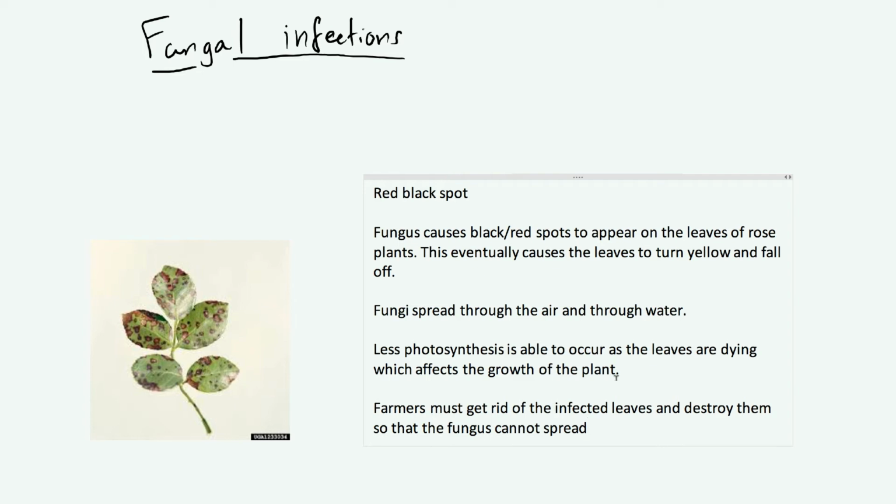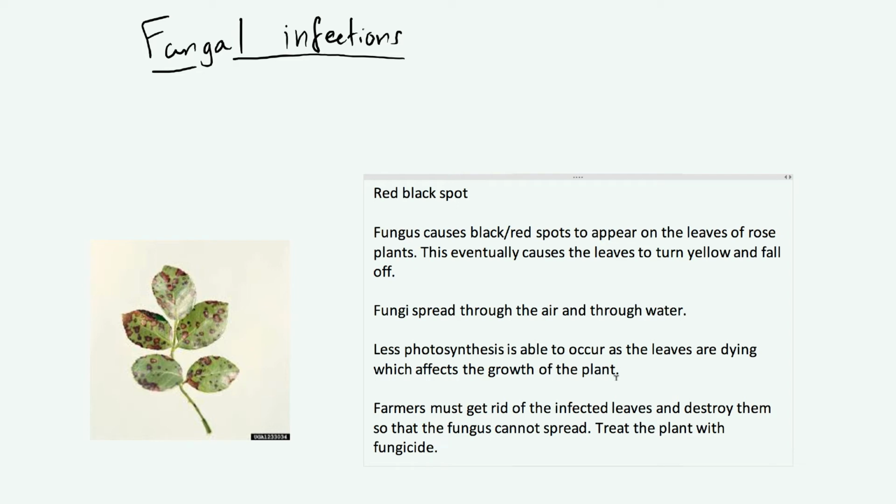They'd also treat the plants with fungicide. And fungicide is basically a chemical which is designed to kill fungus, and that will stop the fungus from reinfecting that plant.